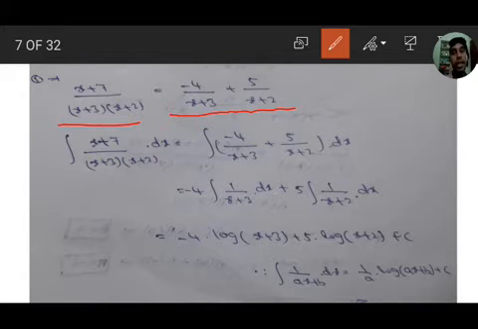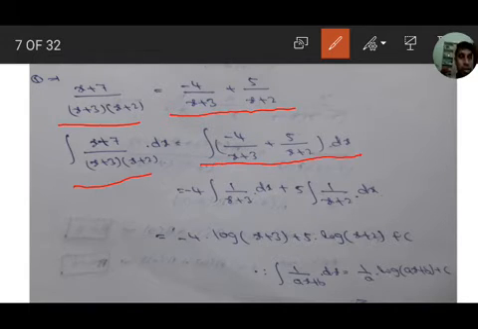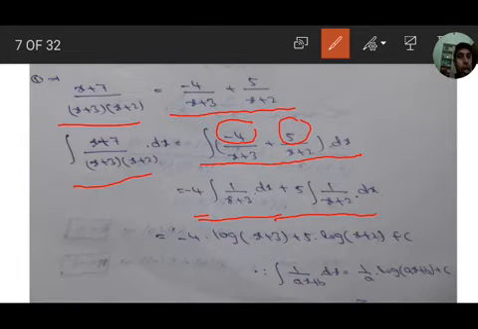Then integration x plus 7 by x plus 3 into x plus 2 dx equal to integration minus 4 by x plus 3 plus 5 by x plus 2 dx. Here minus 4 is the coefficient outside, here 5 is the coefficient outside. Minus 4 into integration 1 by x plus 3 dx plus 5 into integration 1 by x plus 2 dx.